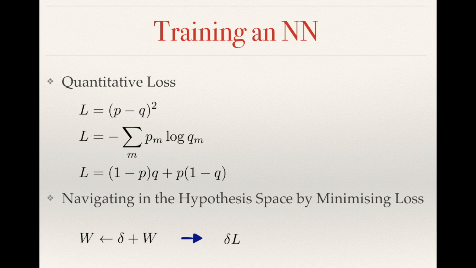For example, if the target is for us to use a neural network to mimic the output of some process, given the input, and the output is to be a real number, we can use the squared error between the output of the neural network model and the desired output. That is called regression problems.